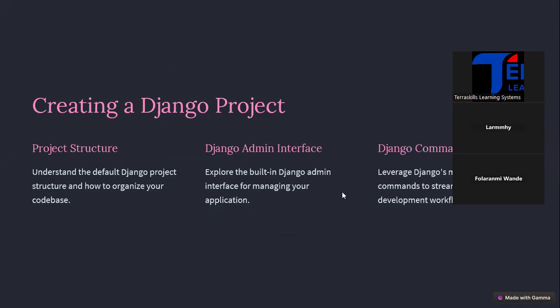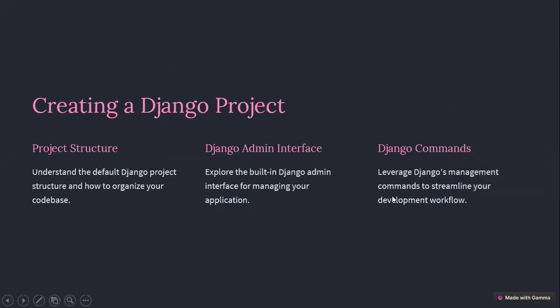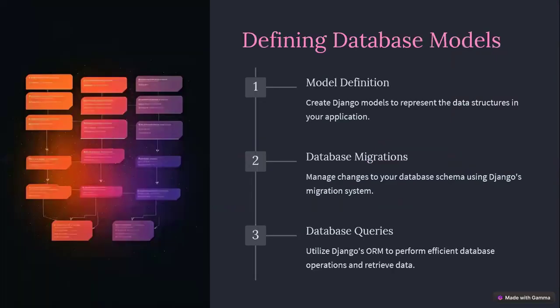Then we also have Django command, that is, leverage Django management command to streamline your development workflow. Then defining database model. So we have model definition, create the Django model to represent the data structures in your application. Then database migration. Of course, we already know how to do the database migration.